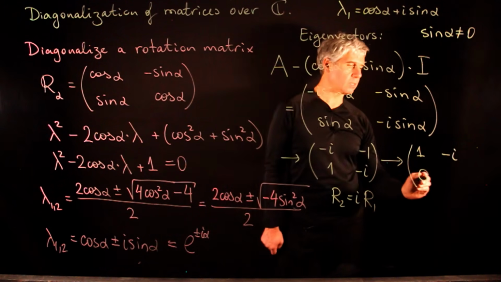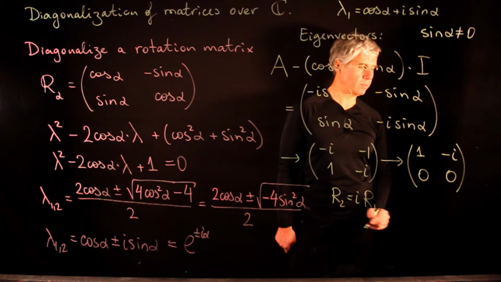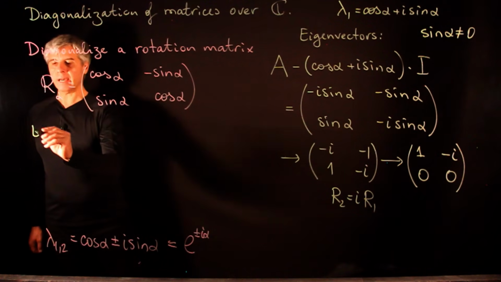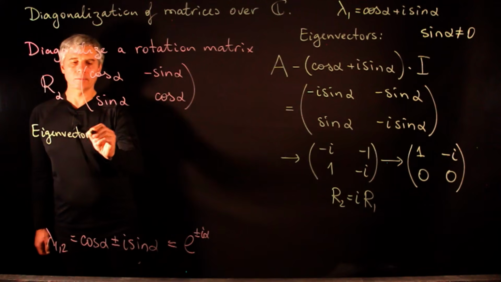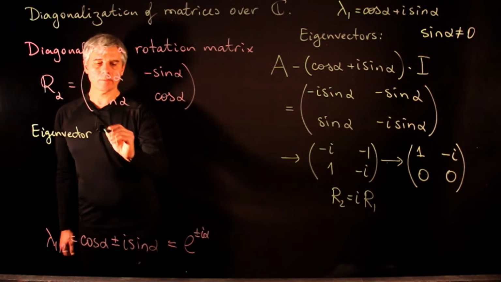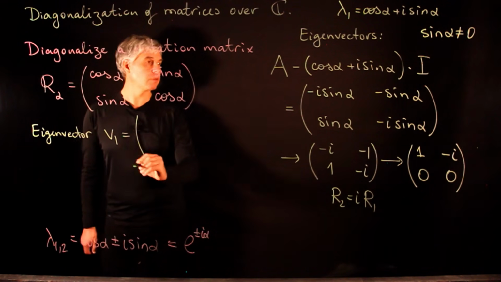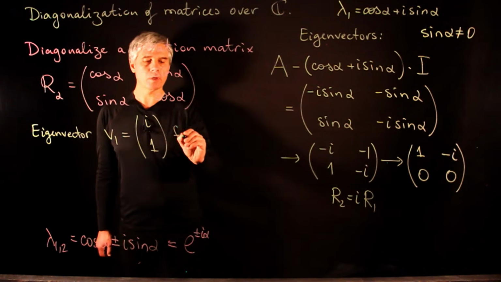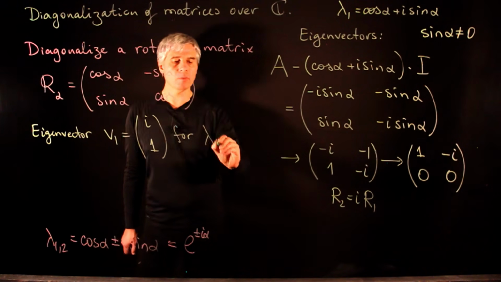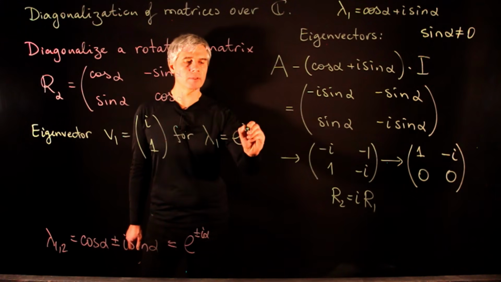So this means that the second row will be eliminated. And this gives us the eigenvector v1, which is the following: (i, 1) for eigenvalue lambda 1, which is e to the i alpha.